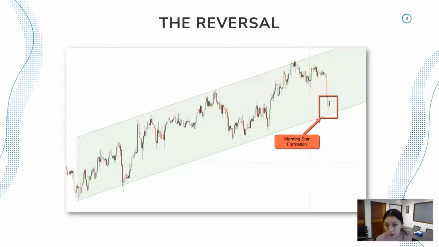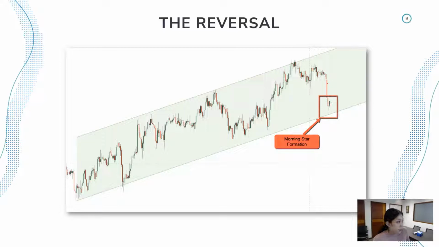And that's a morning star formation, and you can see it here. A morning star is where there's a red candlestick, the longer one here, and a shorter green candlestick over here that forms the morning star formation.